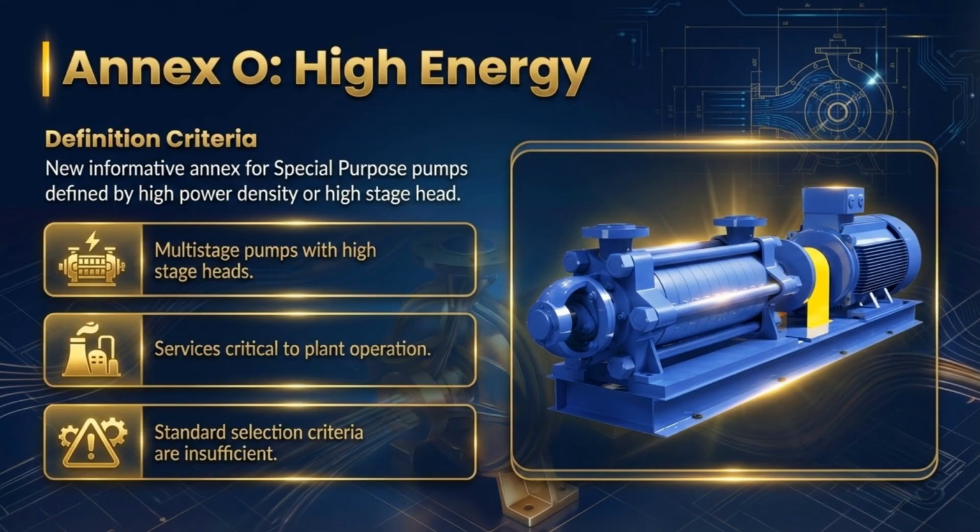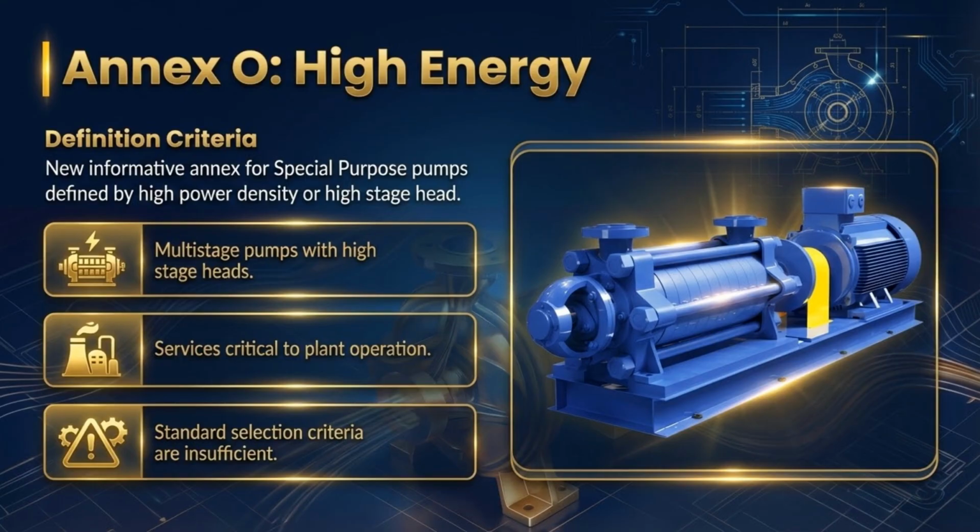Because of these extreme operating conditions, high energy pumps require additional design and evaluation considerations, including enhanced hydraulic design checks to ensure stable operation and to avoid internal recirculation or cavitation damage, stricter mechanical integrity requirements, particularly for impellers, shafts, and casings which are subjected to high stress, improved materials and metallurgy selection to withstand high pressures, temperatures, and fatigue loading, more detailed rotor dynamic and vibration analysis to ensure long-term reliability, and additional testing and inspection requirements during manufacturing and commissioning.